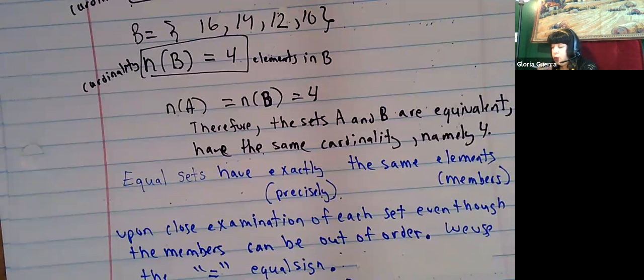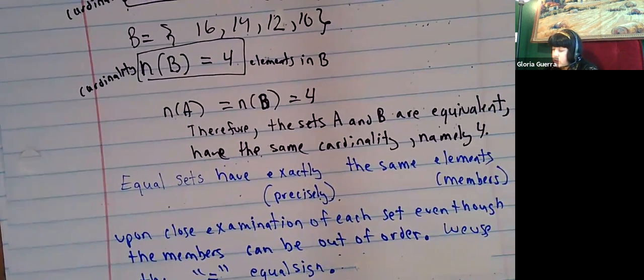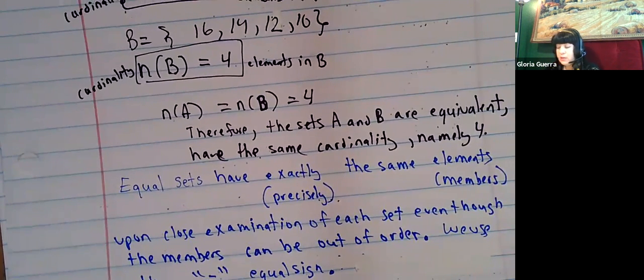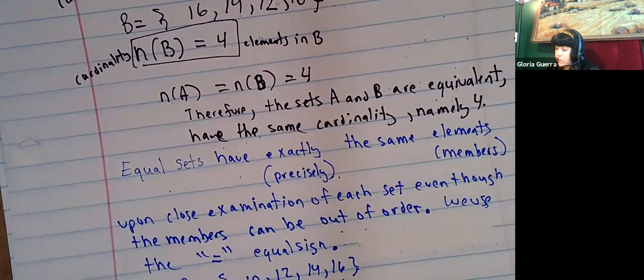So upon careful observation, these have exactly the same elements. They both have 10, they both have 12, both have 14, they both have 16. So that's how come we can say that therefore the sets A and B are equal.